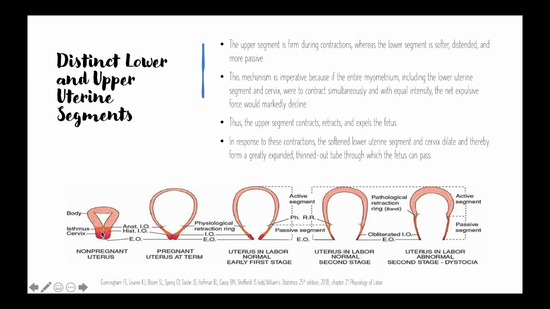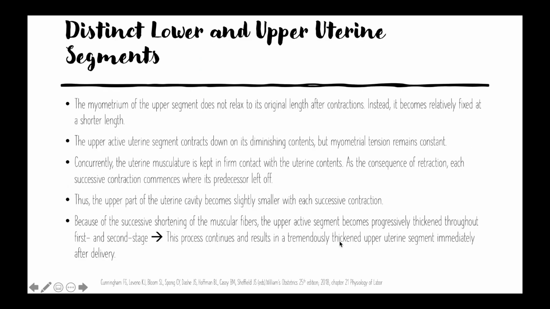So from here, we have a closed cervix, and then because of the contractions of the upper segment of the uterus, that leads to progressive thinning of the lower uterine segment, effacement, and dilatation of the cervix, through which the fetus can pass.